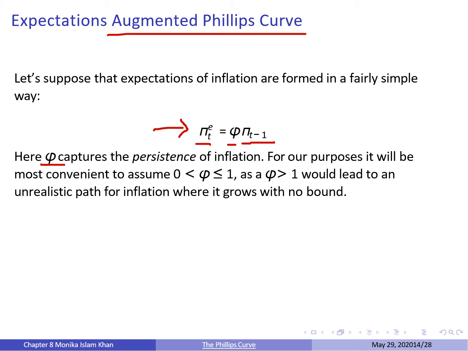For our purposes, it will be more convenient to assume that phi is between 0 and 1, because a phi greater than 1 would lead to an unrealistic path for inflation where it grows without any bound. The closer this value of phi is to 1, the more persistent inflation is. The closer this value of phi is to 0, the less persistent inflation is.